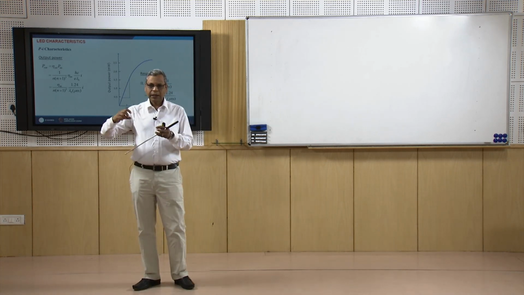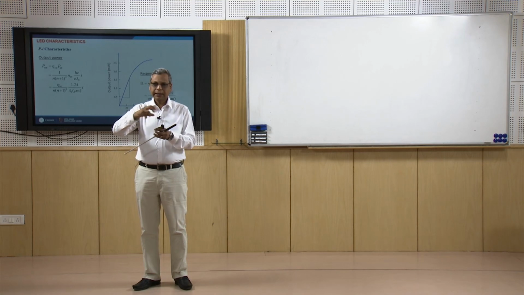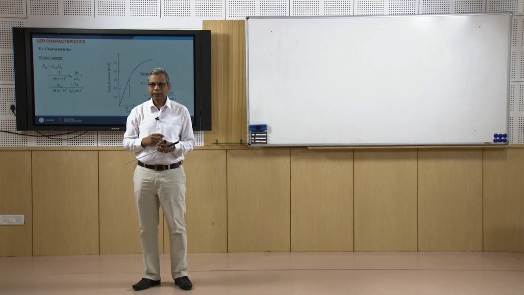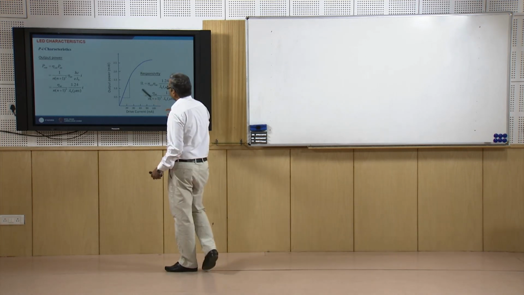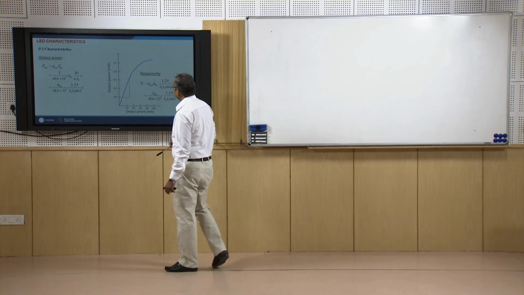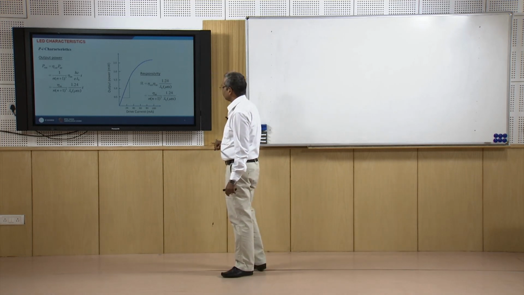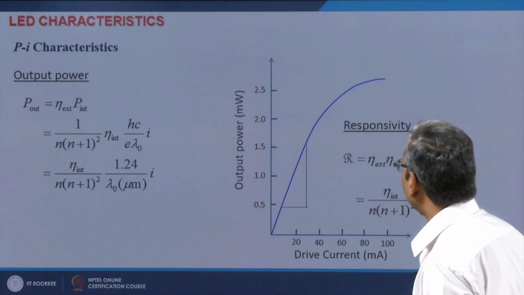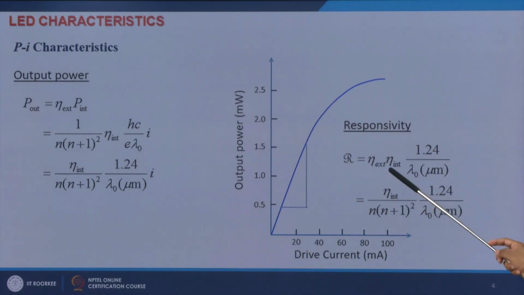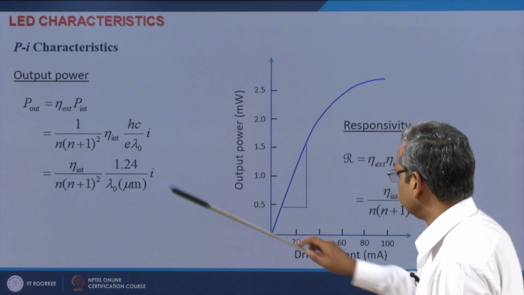So, in this LED I am injecting current and I am getting optical output power. So, this P out over injection current will give me the responsivity. So, from here I can immediately see that this P out over I would be simply eta external times eta internal times 1.24 divided by lambda naught in micrometer, or simply this factor.